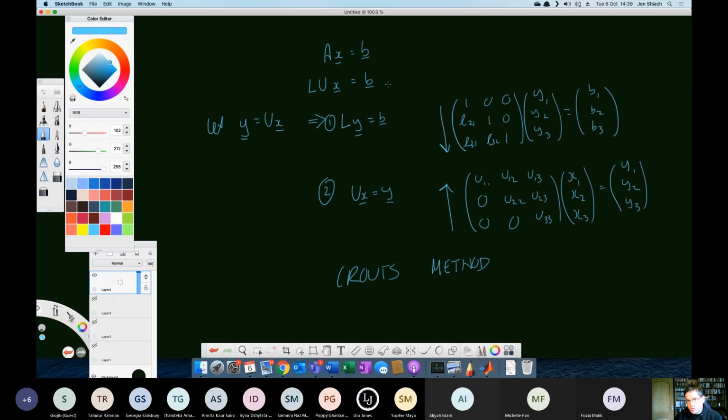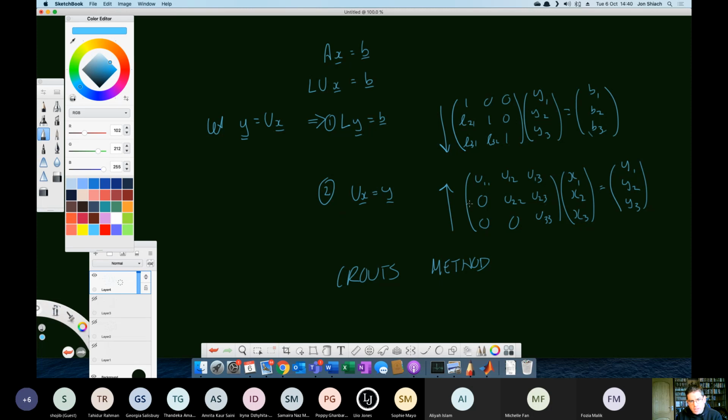If you're using Gaussian elimination, every time our right-hand side vector B changed, we'd have to do all those row operations all over again. But with LU factorization, if B changes, it doesn't matter. We just go through Crout's method again. Does that make sense?